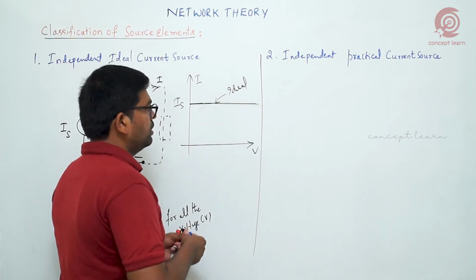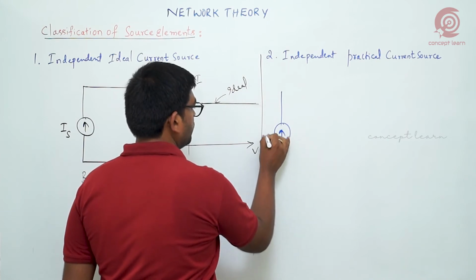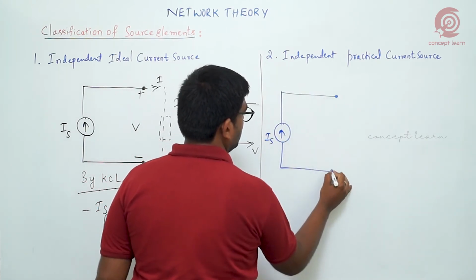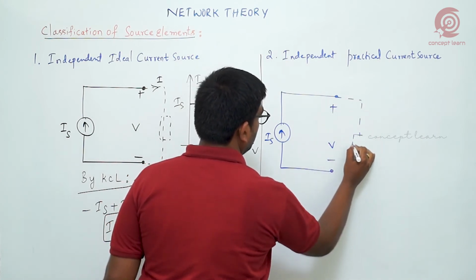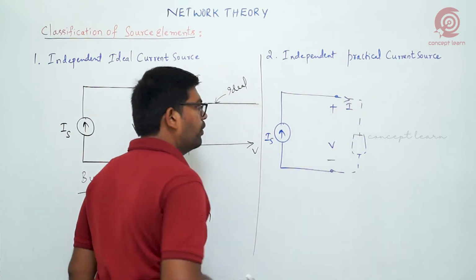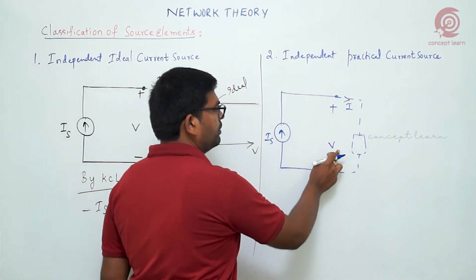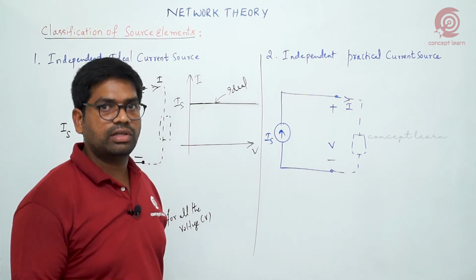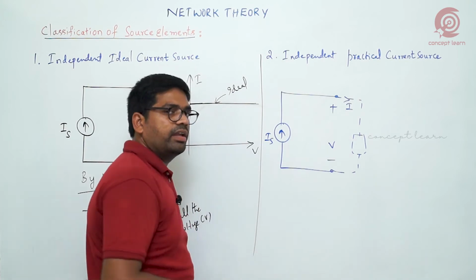This is our source current Is, and this is our terminal voltage V. If I connect another element carrying current I, how do we make the current dependent on this variable? If I place a series element, series resistance or series impedance, the same current flows through it, so there won't be any dependency on this.